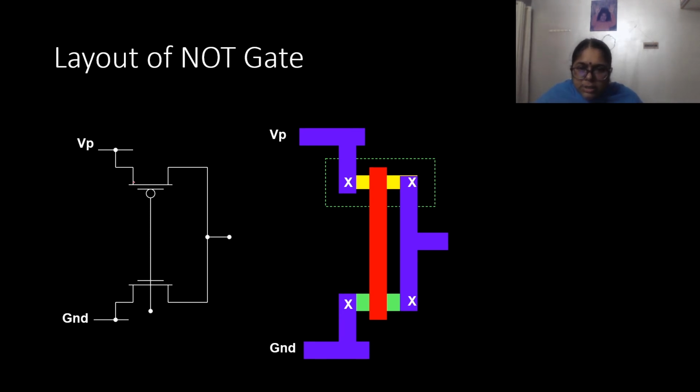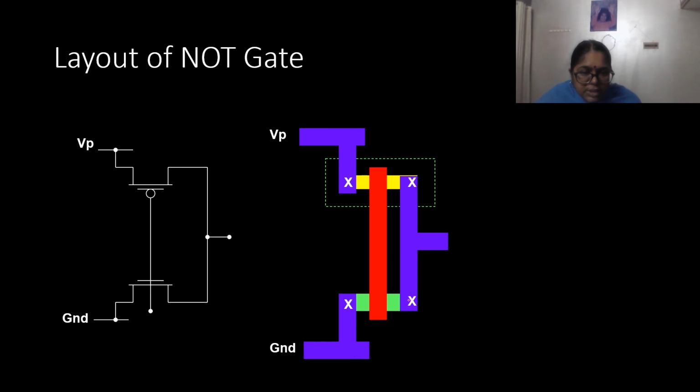This is the NOT gate or the CMOS inverter circuit. You can see here P diffusion, poly cut each other to form PMOS transistor. Same poly is used to cut the N diffusion to form the NMOS transistor. This indicates that gate of both the transistors are connected together and input would be given, and you can see that the drain of both the transistors are connected together and output is taken.